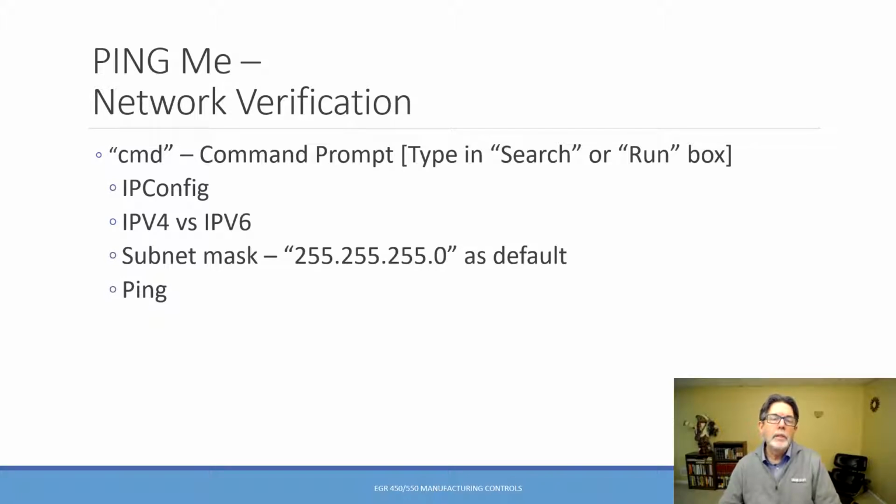So ping is accessed through the command prompt, which you can get to by typing CMD into the system search window. This brings up a little dialog box, which actually emulates the operating system pre-Windows.